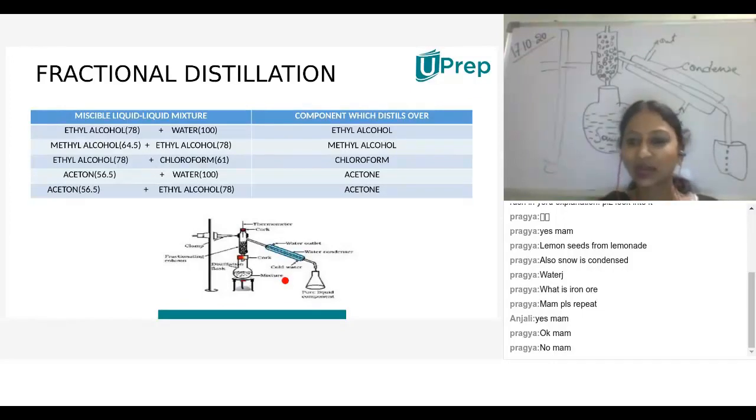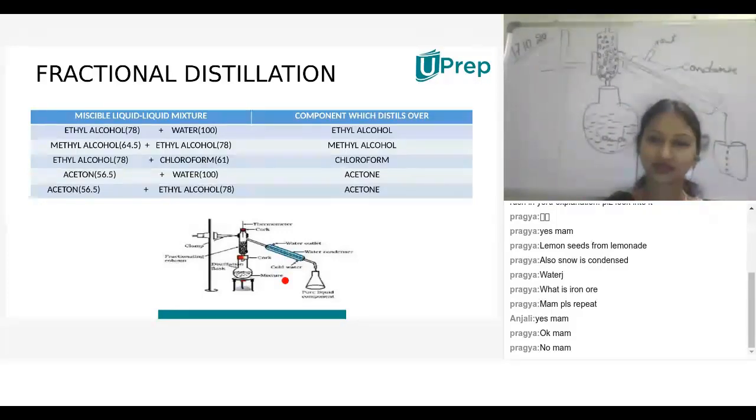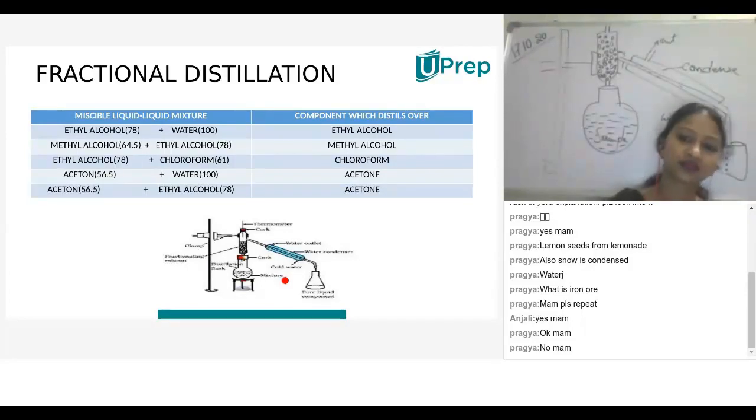It's a mixture. A mixture doesn't require any proportion. Keep that in mind. We are just separating the sample. But when we do simple distillation, we just put it randomly, but in fractional distillation, like how it's written, ethyl alcohol 78 plus water 100.